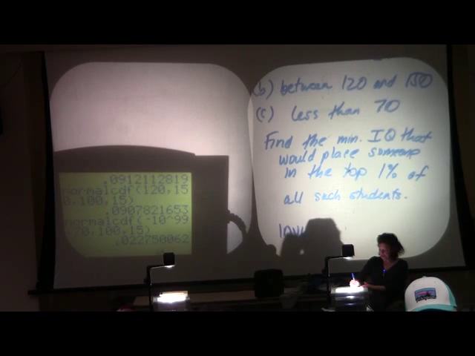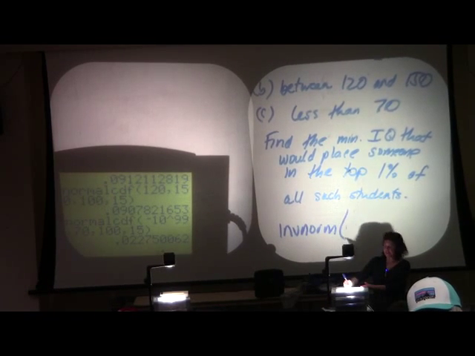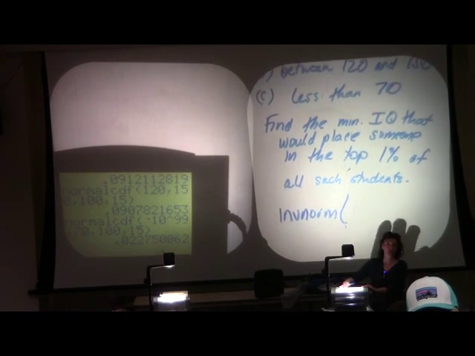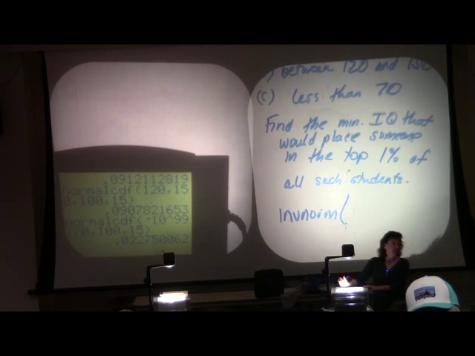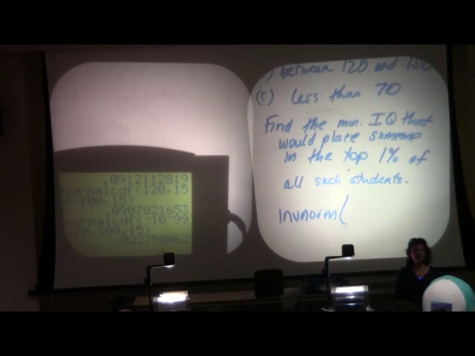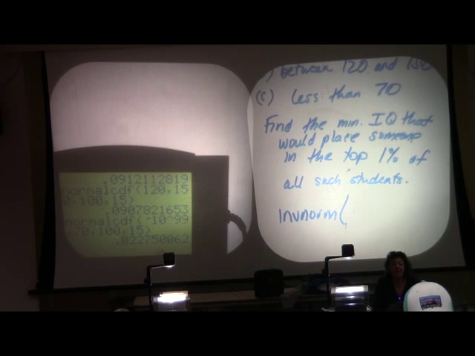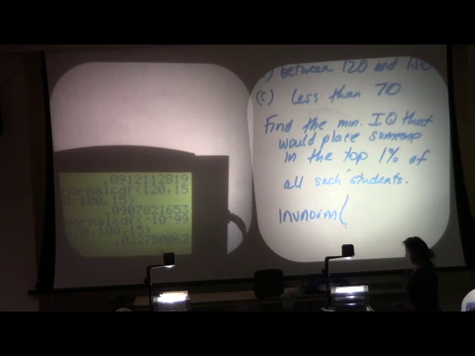No matter who you are and what calculator you have, with your inverse norm, and no matter which situation you're in, it's always the area to the left. If you're in the top 1%, what is the area to the left? 0.99.